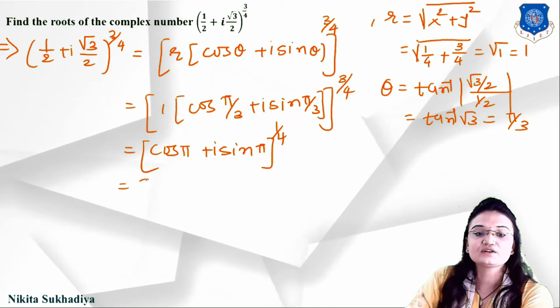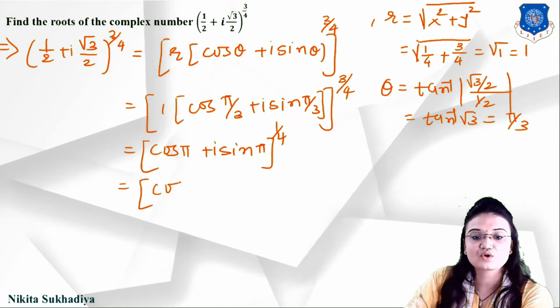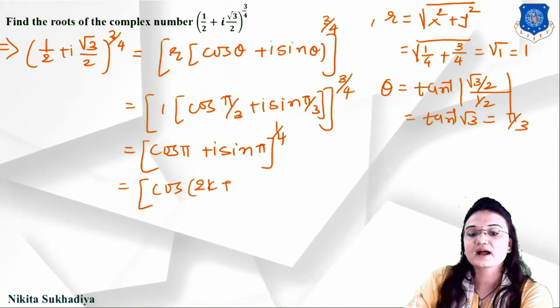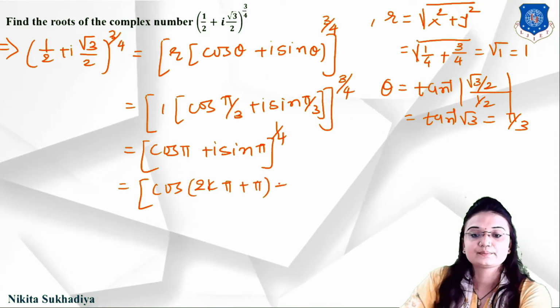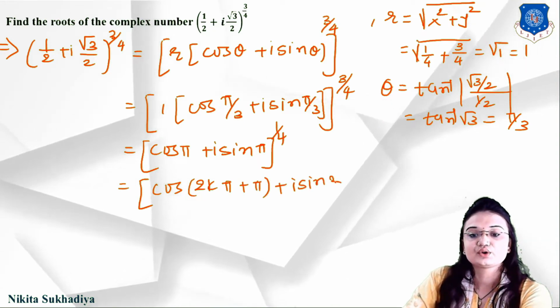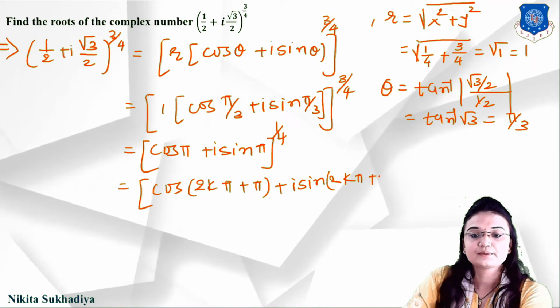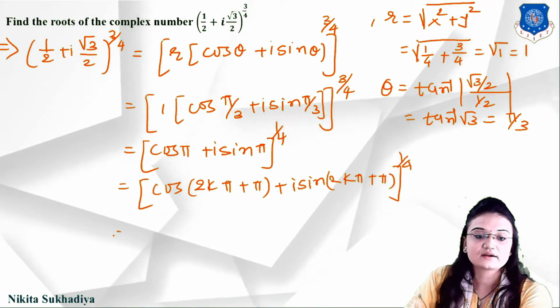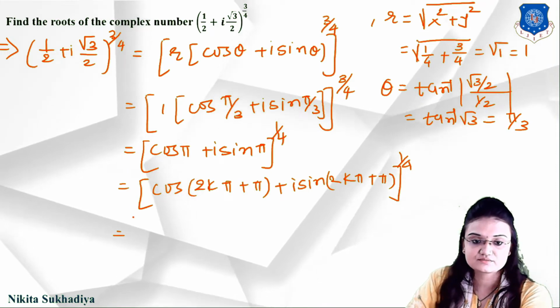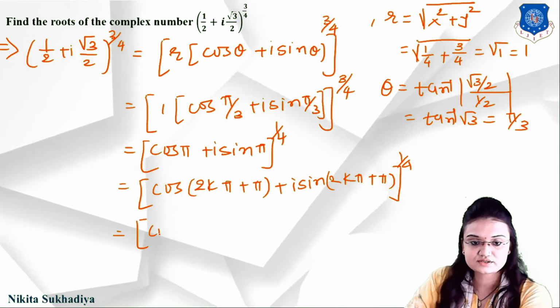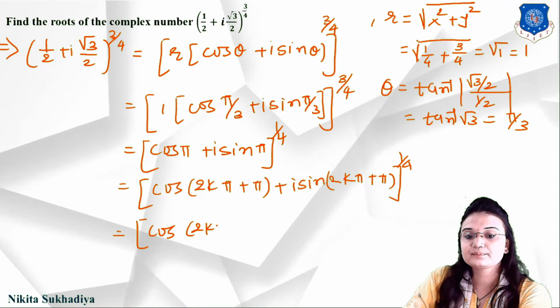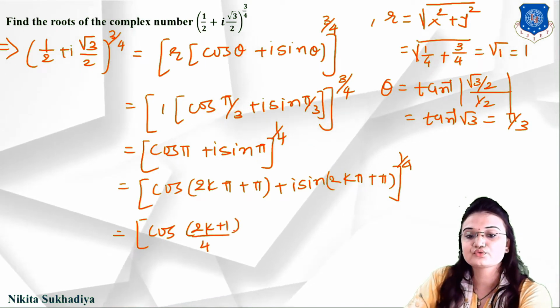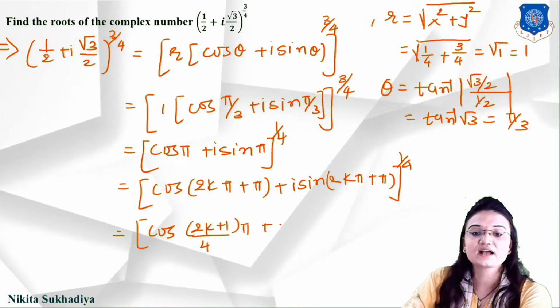Okay, but in general form we can write like this: cos 2k pi plus pi plus I sin 2k pi plus pi raised to 1 by 4. Okay, and again by using De Moivre's theorem, we will get cos 2k plus 1 upon 4 into pi, by taking pi common.